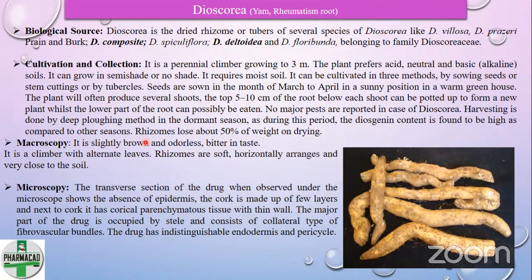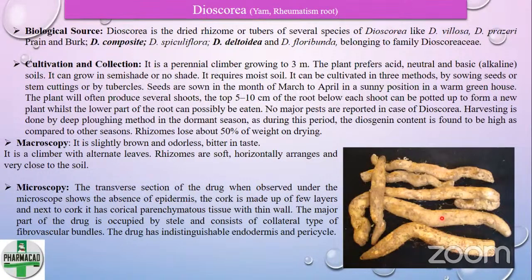Generally it is cultivated in the season of March to April. No major pests are reported in case of Dioscorea, which is a good thing. And we are going to choose the rhizome part. The macroscopy and microscopy of the rhizome part will naturally be different, which we will see ahead. But one important thing is that it does not have any pest on it.